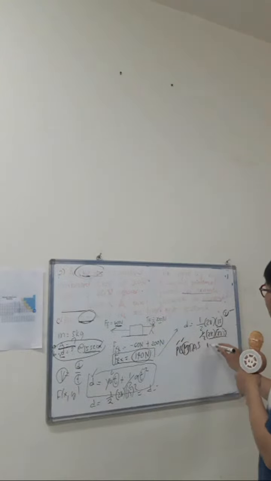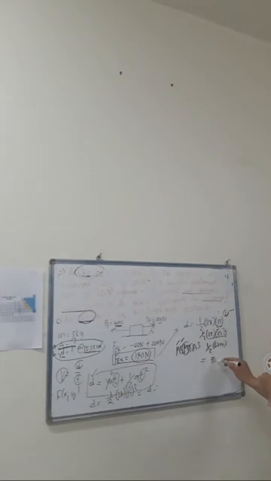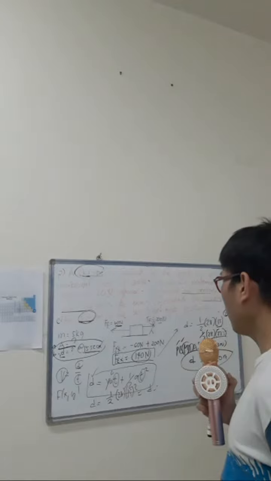Then 1/2 of 6,300, divided by 2, so this is 3,150. That is your distance covered in meters. You get the point? So it will take 3,150 meters.